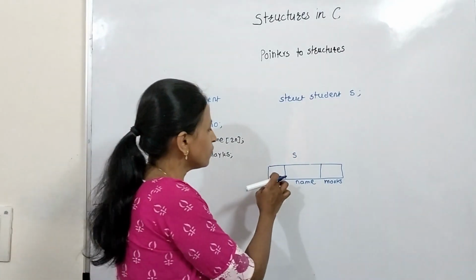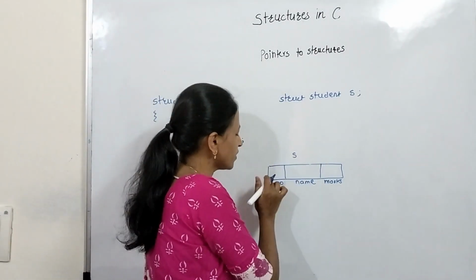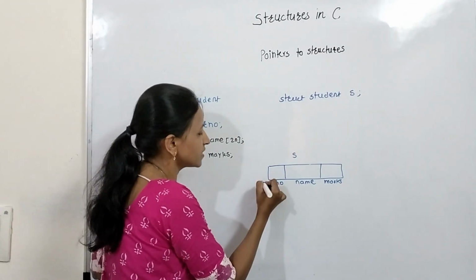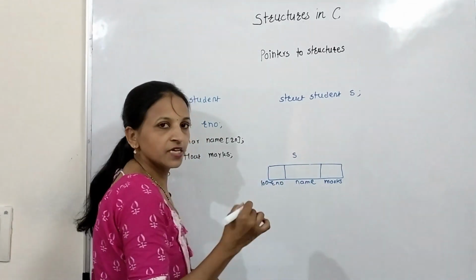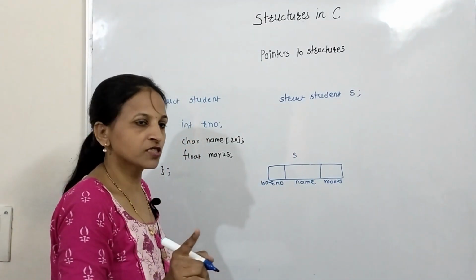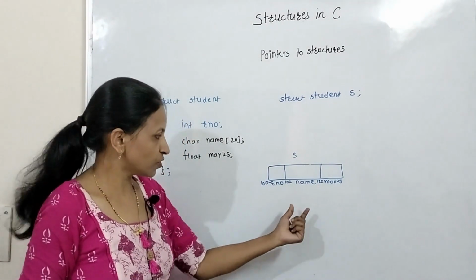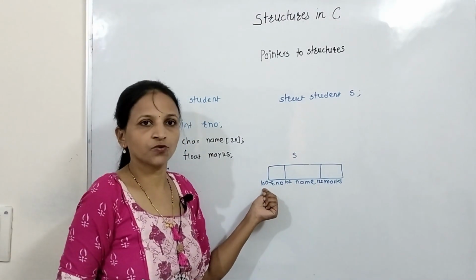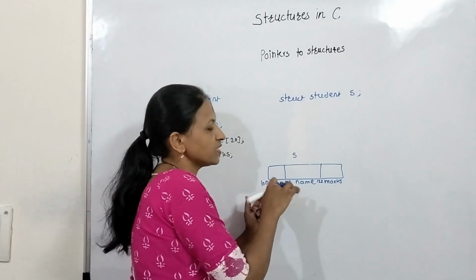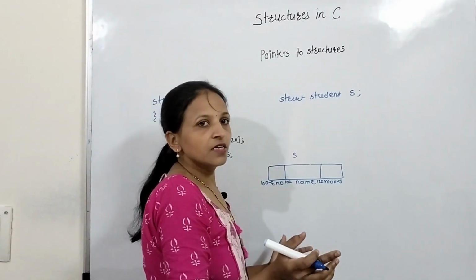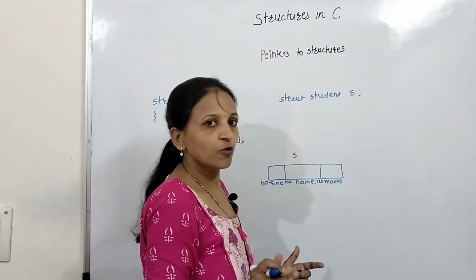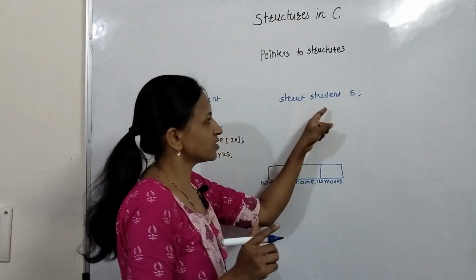Now I want to store the address, which is nothing but the base address, means this initial address, in any other variable, then it is possible. We are not going to store all these addresses, this is the initial address only. Now that base address we can store inside any other pointer only. The pointer should be of type struct student again.